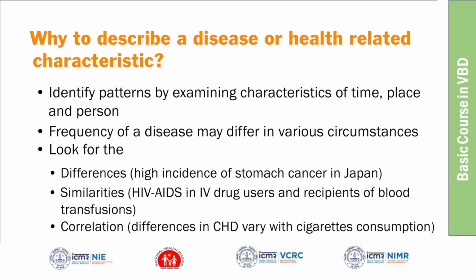So we are not going to stop only with time, place, and person. After recognizing these conditions and variables, we would like to check whether there are any correlating or underlying factors. For example, for coronary heart disease, the differences in prevalence or incidence of coronary heart disease vary with cigarette consumption.